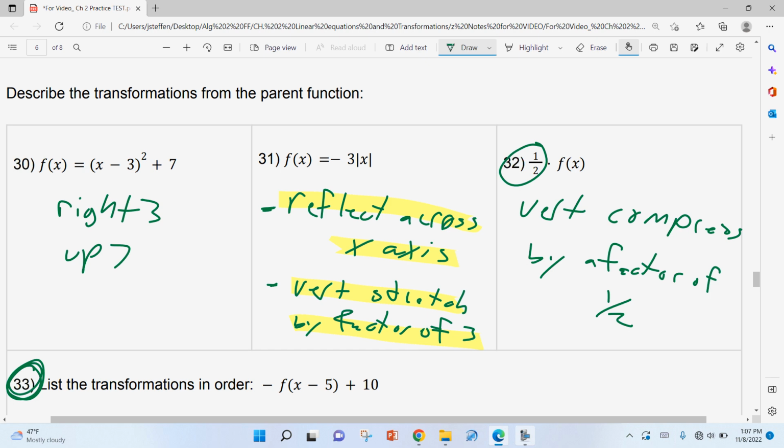So remember, the only difference between a stretch or a compression is if that number is bigger than 1 or smaller than 1. If it's bigger than 1, it's a stretch. So you just change, instead of the word stretch, you put compress, just like we did. But everything else is the same. It's still the same factor. The factor is whatever the number is in front. Even if the negative, remember that negative only depends on if it's a reflection. That doesn't make any difference on a stretch or compression.